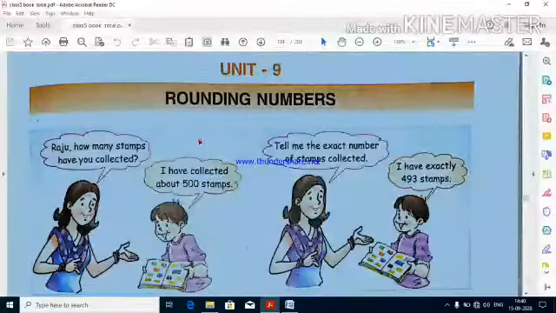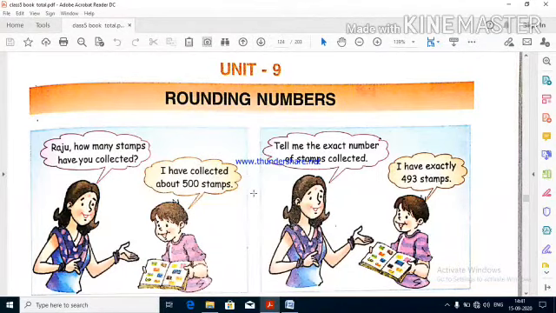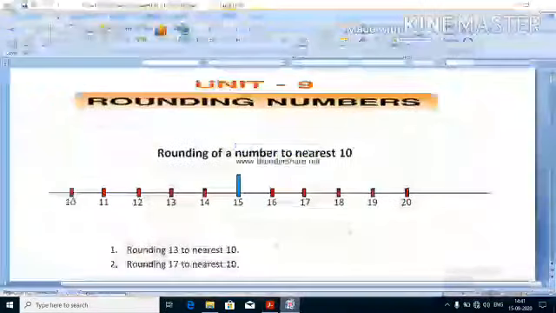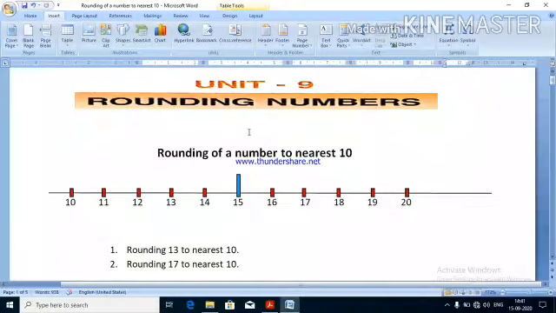Okay, this is rounding numbers. So let us go to the exercise so that we can get the correct concept of rounding numbers. In rounding numbers, here see, it is just like a number line.